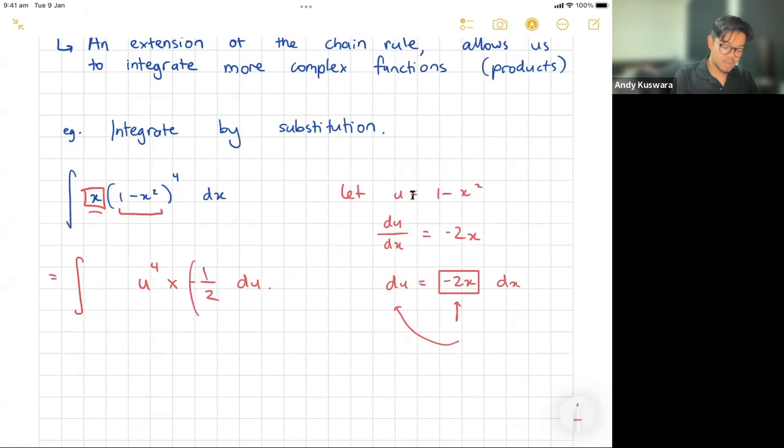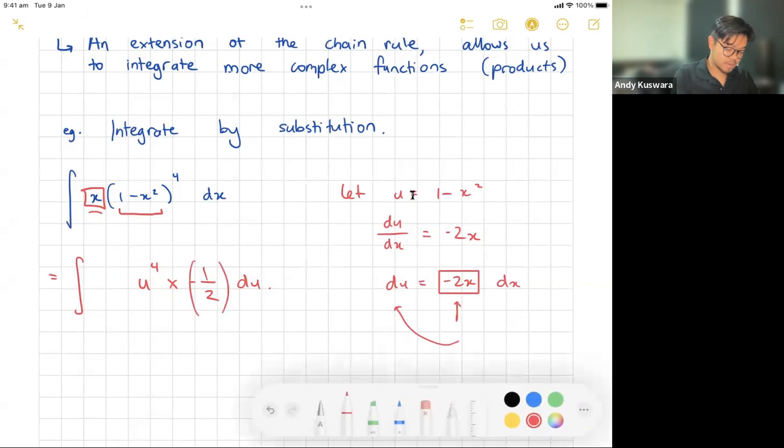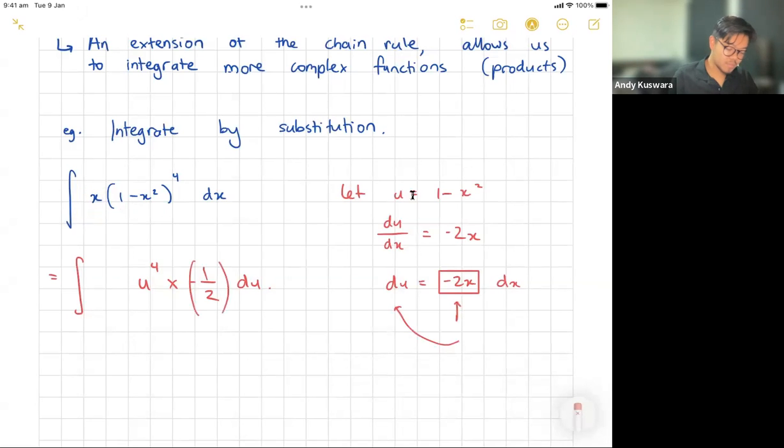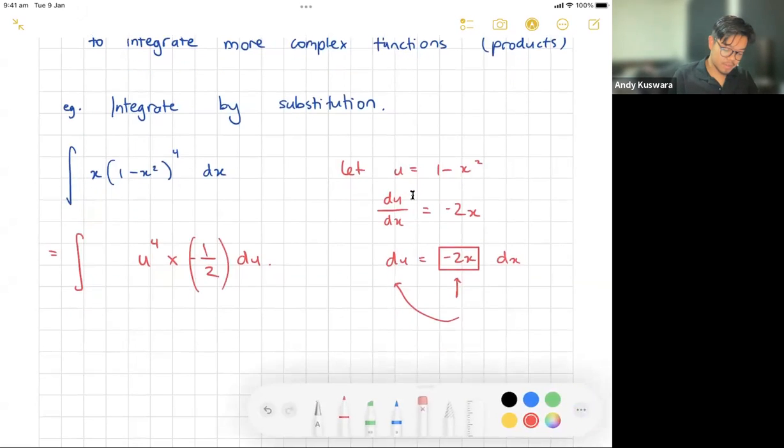So that ends up becoming my equation here. And now that I've got that, I should be good to integrate as usual. I'm going to take my negative half out front.